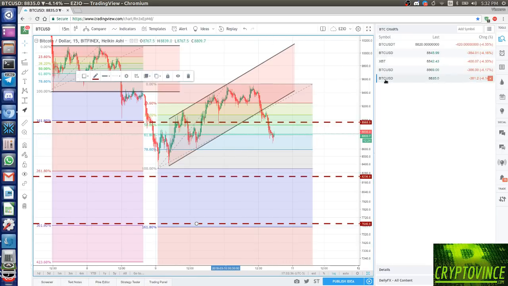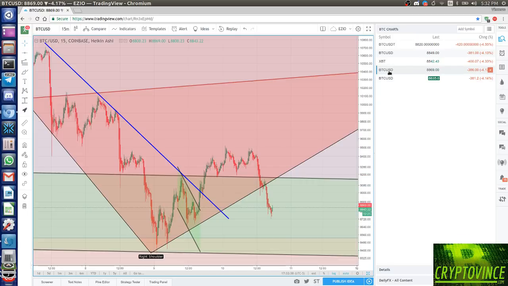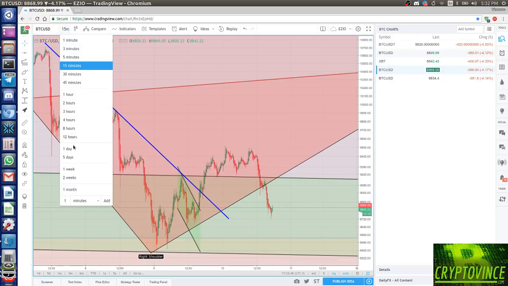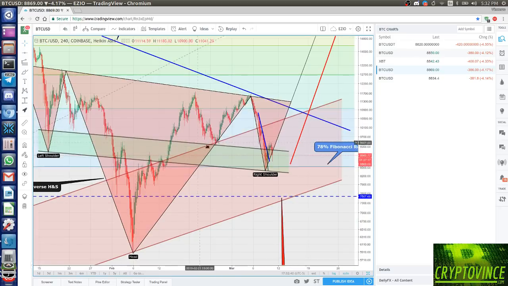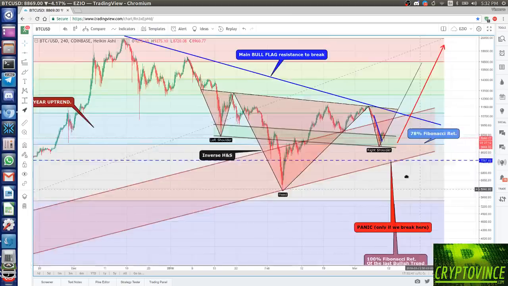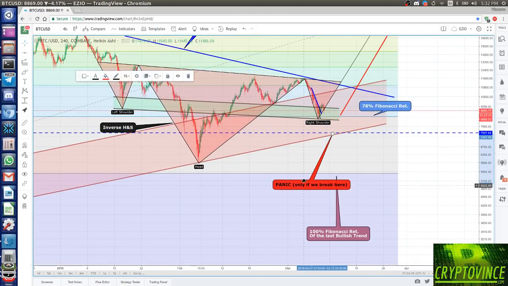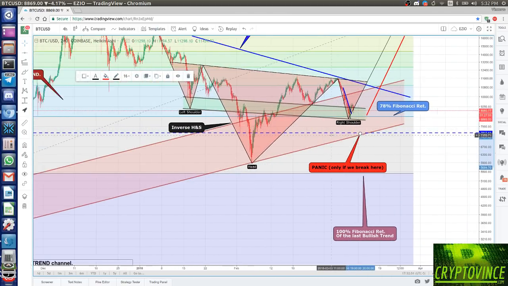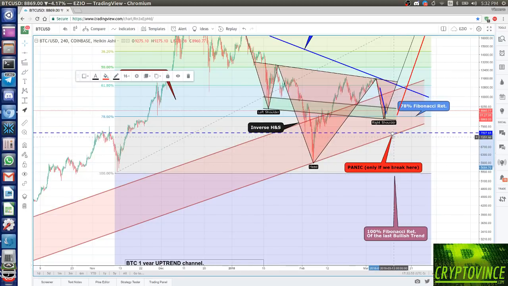You see the chart, the 4 hour chart. This is where I traced, panic only if we break here. And this is the main resistance here, the blue line.